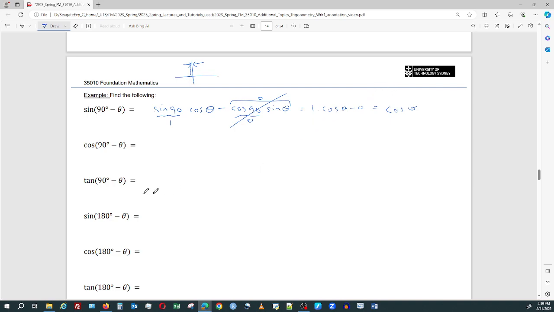Okay, so they're very interesting, aren't they? No problem though. So cos 90 minus theta will be cos 90 cos theta plus sine 90 sine theta.